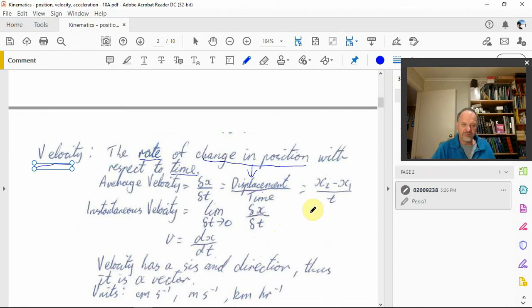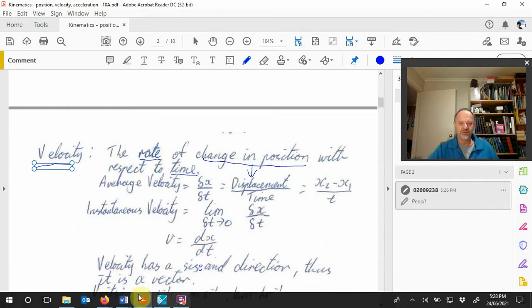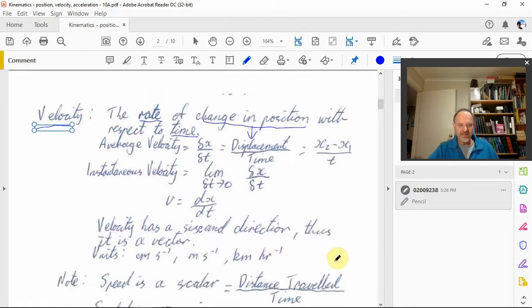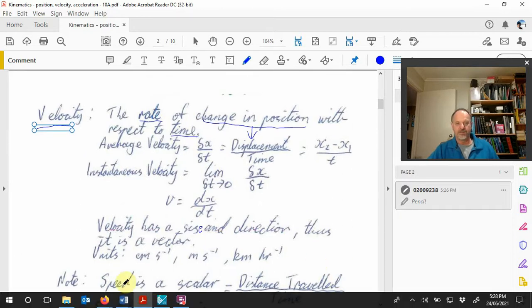So velocity has a size and a direction, so it's a vector. Typical units are centimeters per second, meters per second, kilometers per hour, those sorts of things. Now, speed is not the same as velocity.